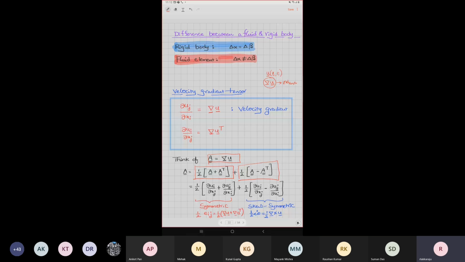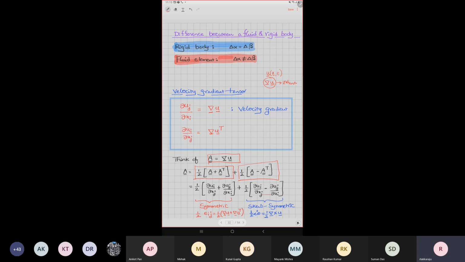And this del ui by del xj minus del uj by del xi, if we really look at it, it will have components: first component, second component, third component. Rest of the things are zero. Let us keep something like 1, 1, 2, 2, this kind of combination.